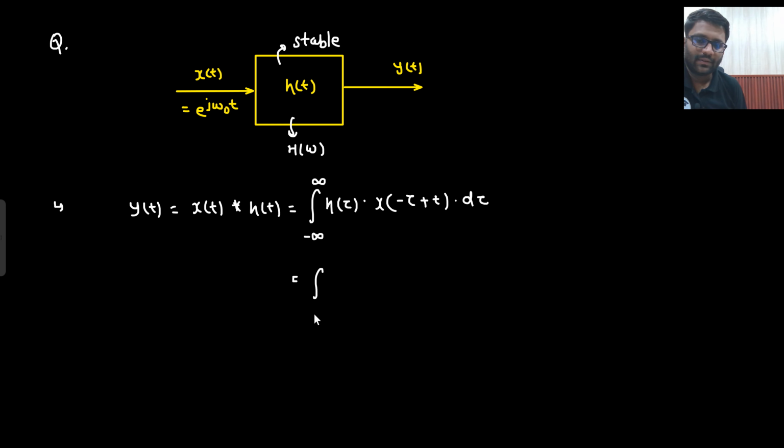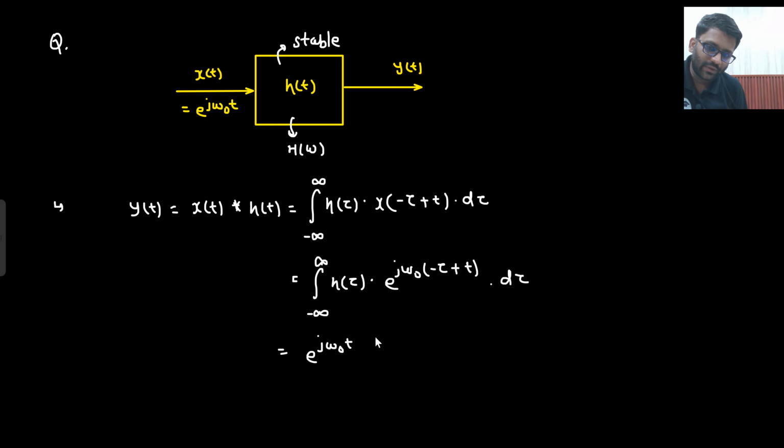So let's keep h(tau) as it is, and this one inverted and shifted, e to the power j omega naught, inverted and then shifted. So what you can see, e to the power j omega naught t will come outward, times the integral of h(tau) e to the power minus j omega naught tau d tau.